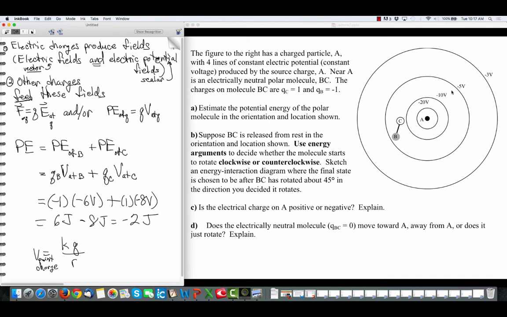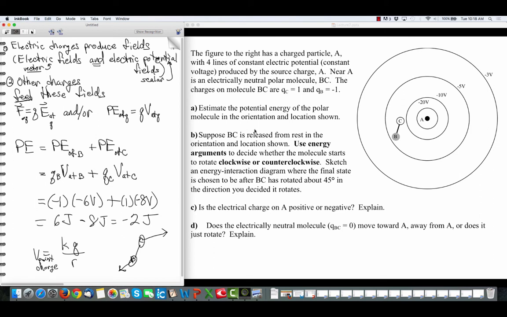Yeah? You could. I just would like you right now to think of these things in terms of energy, but if you drew a force diagram, then because C is closer, you would have a bigger force for C than the force away from, than the force at B. And so the net force would be to the right, but it would also be a net clockwise torque.